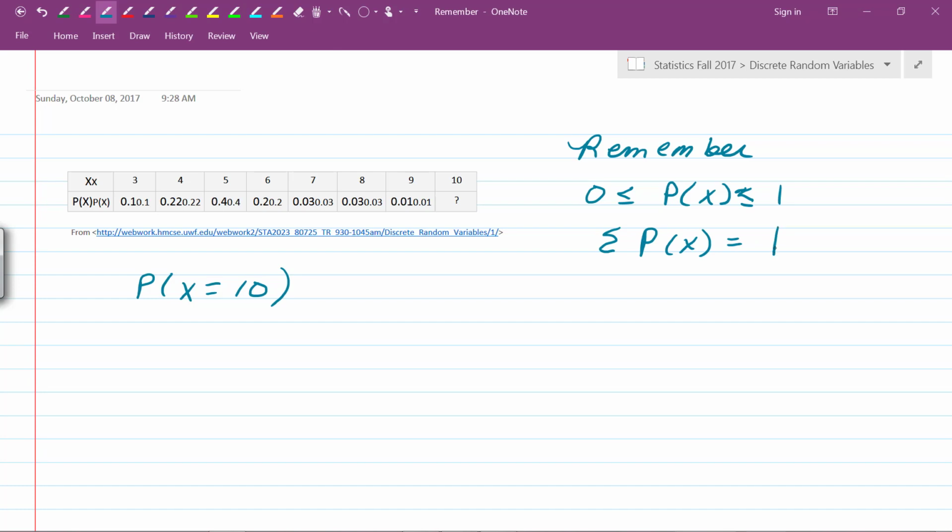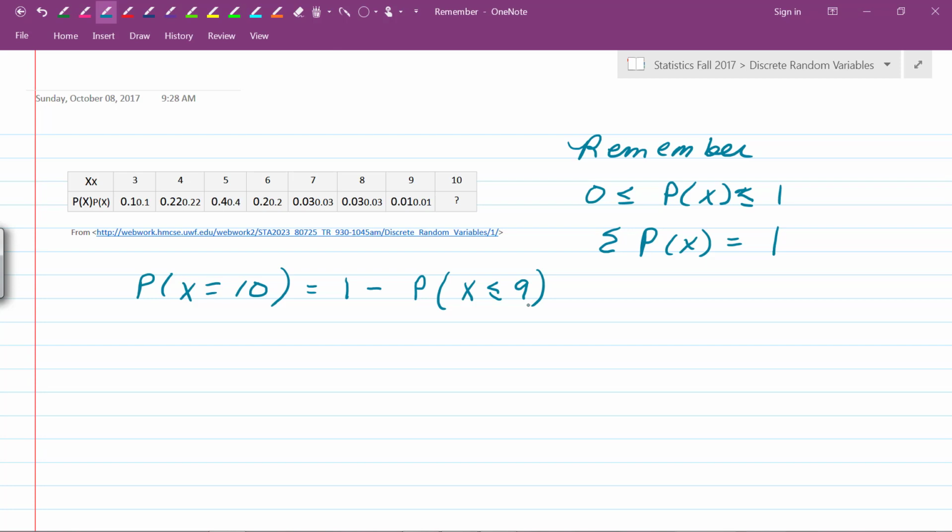So using that second principle, that all probabilities must sum to 1, the probability that x equals 10 must equal 1 minus the probability that x is less than or equal to 9.